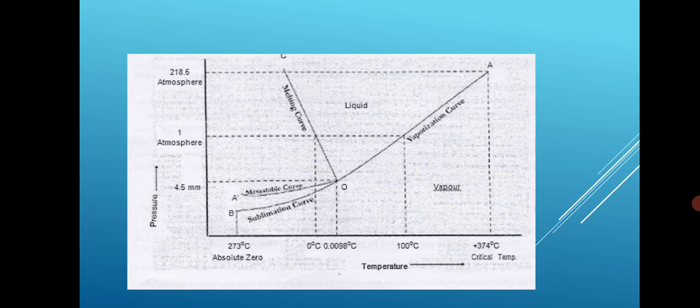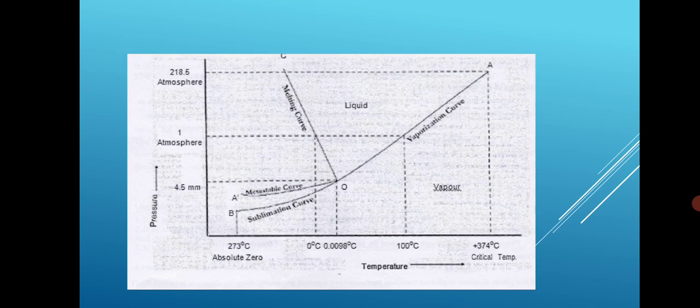Therefore, the degree of freedom F is equal to C minus P plus 2. Putting the values of C and P, we get F is equal to 0, non-variant. At this point, the temperature is 0.0075 degrees centigrade and the pressure is 4.58 millimeter.